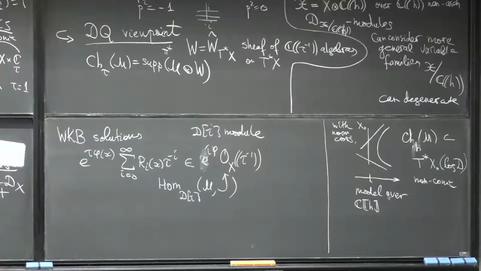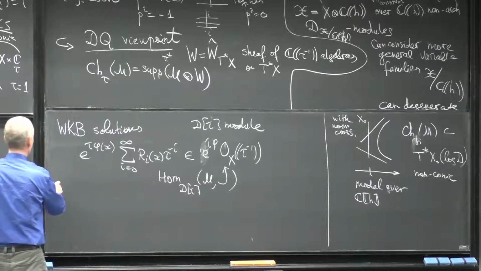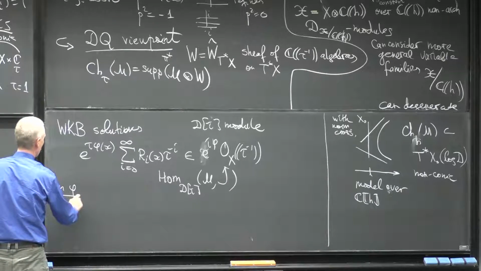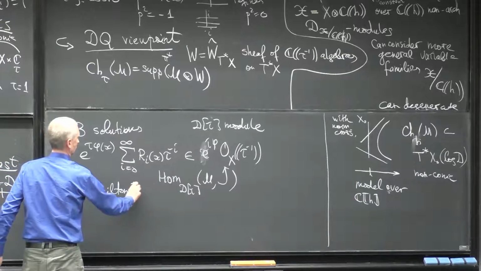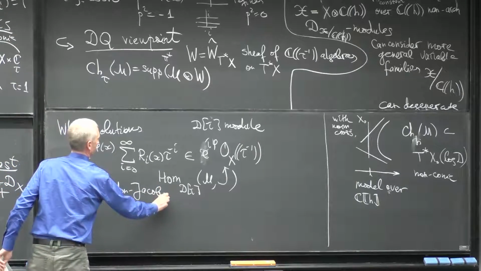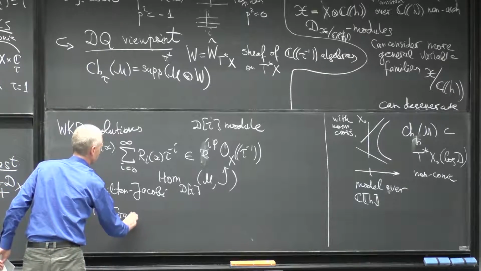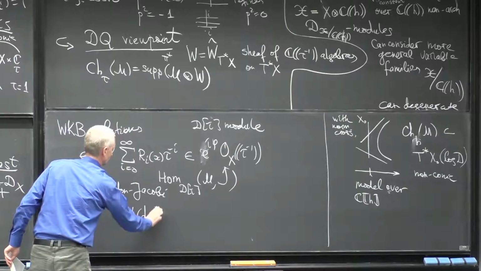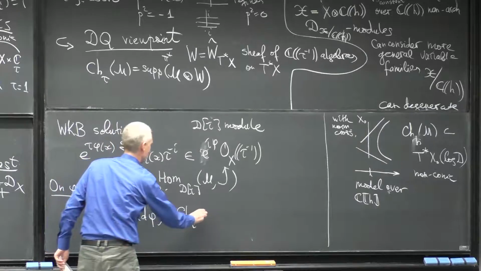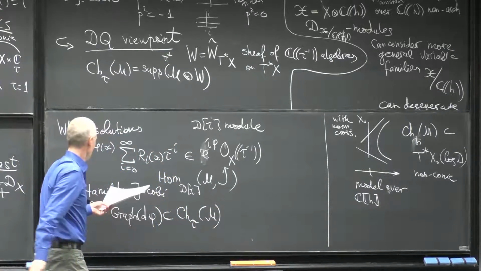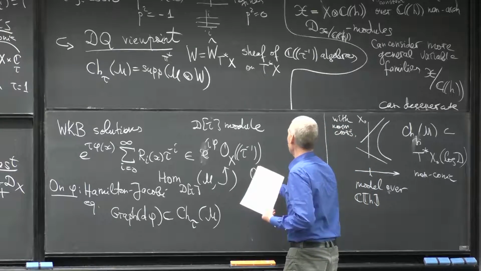And then the classical formula is this, so that on phi we have the Hamilton-Jacobi equation, or characteristic equation, which means that the graph of d phi must be contained in this tropical characteristic variety of M. And on the individual coefficients, the so-called transport equations.